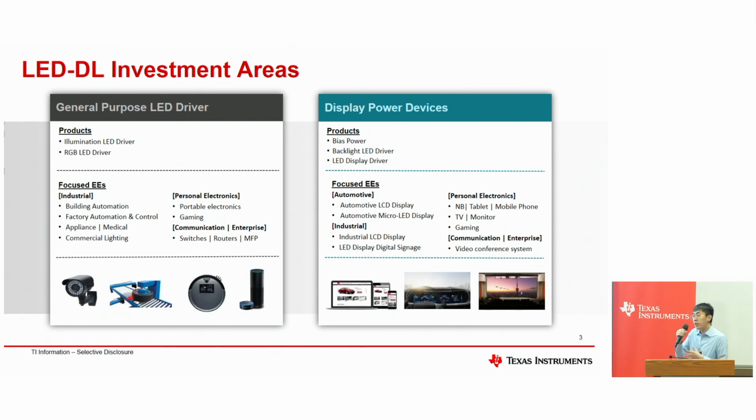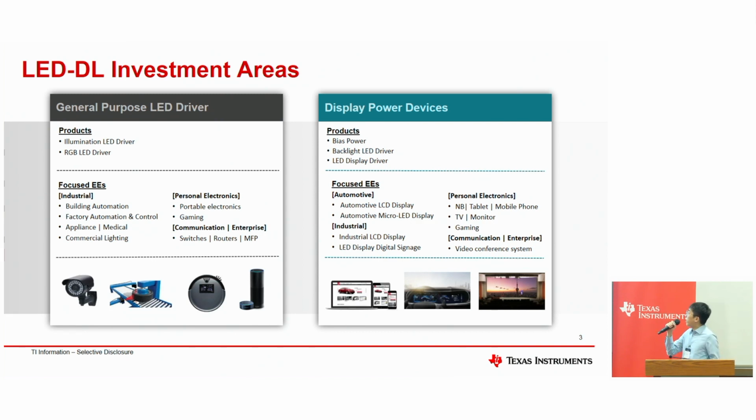So we want those devices, our products, to be general purpose, so they can fit your application, your power density, and your design requirements with a wide range of scope. Under the general purpose LED drivers, we have the illumination and RGB LED drivers.